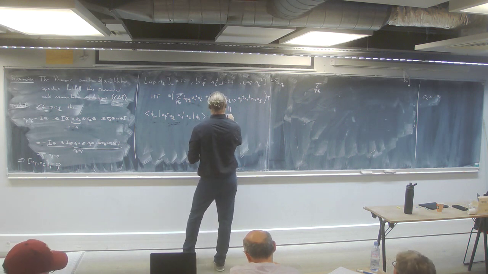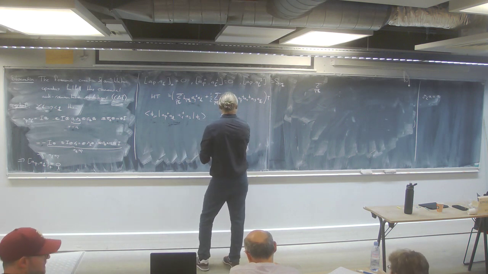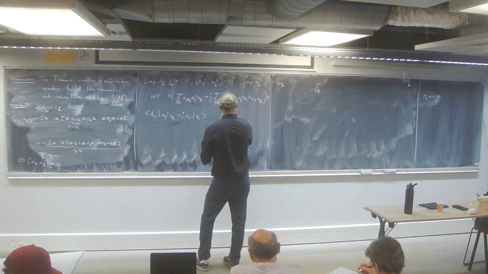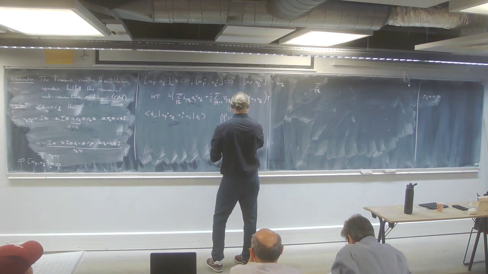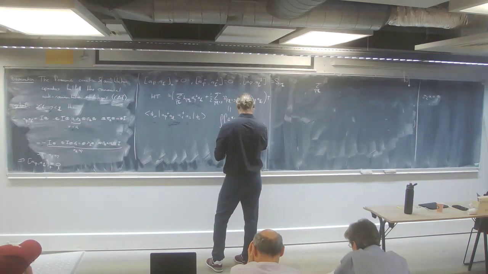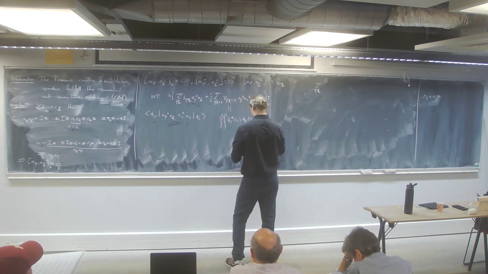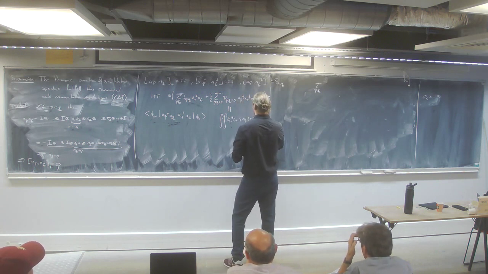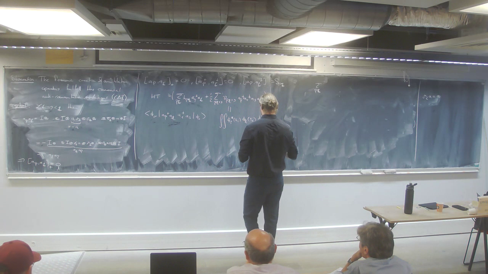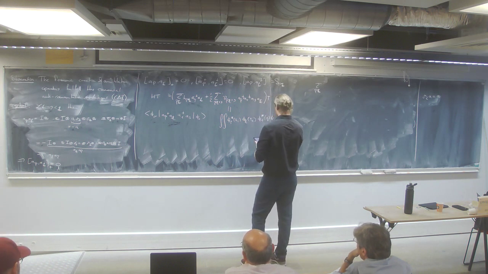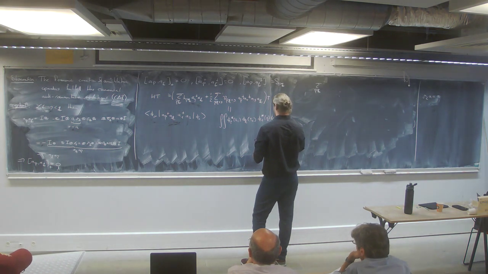I have a double integral of phi_P dagger(r1) phi_Q(r2), and then phi_R(r2) and phi_S(r1). Oops.